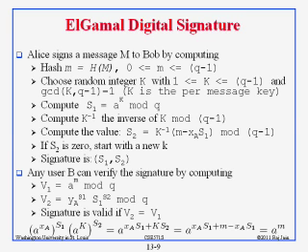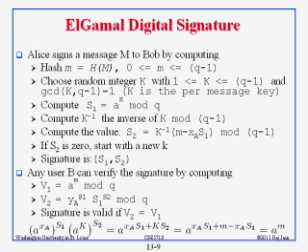S1, S2 is your signature. The main difficulty here is that if you could invert S1, then you could figure out what K is. Once you could figure out K, you could figure out K inverse, and you could do a lot of other stuff. So the main thing is you cannot take the log, and therefore you cannot find out K.